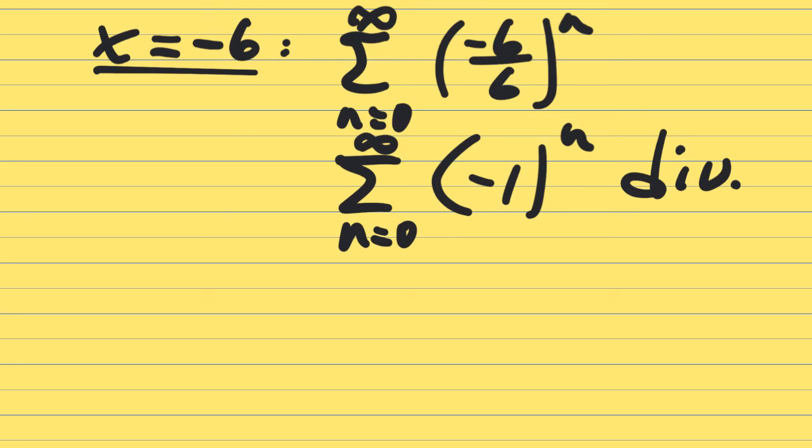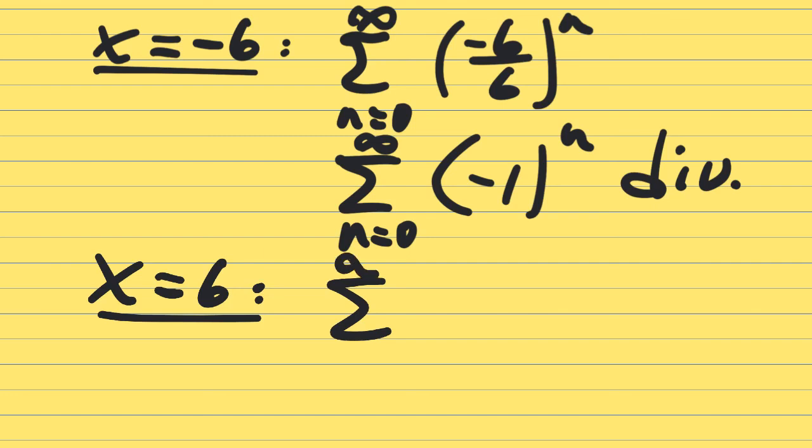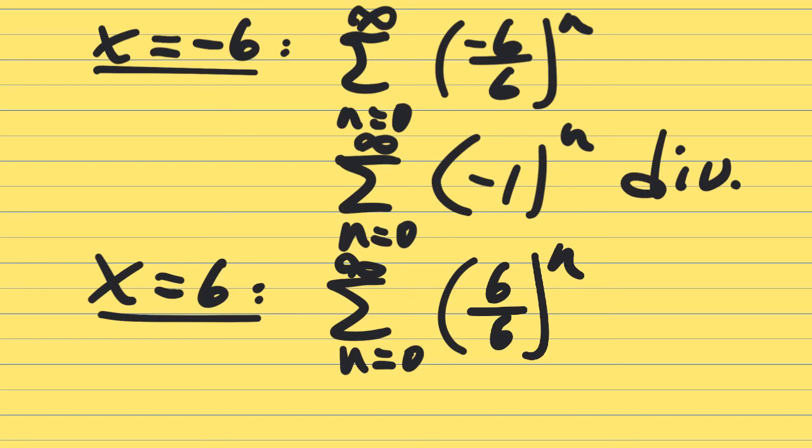When x is +6, your series becomes the sum from n equals 0 to infinity. Replacing x with a +6 comes out to just a 1.